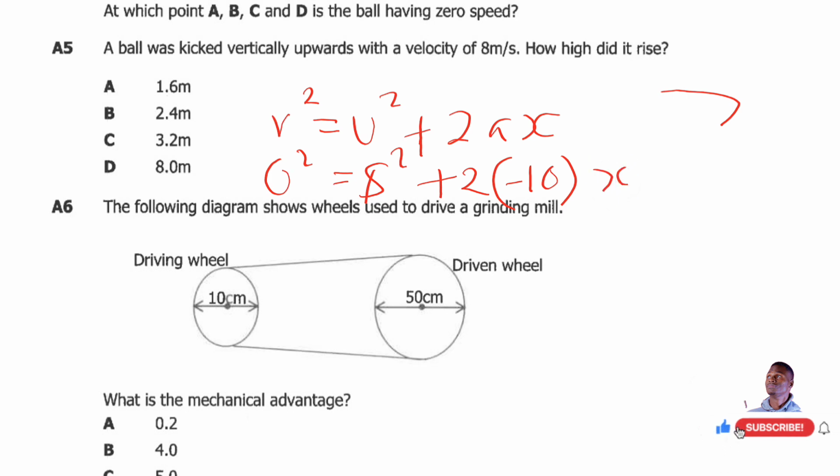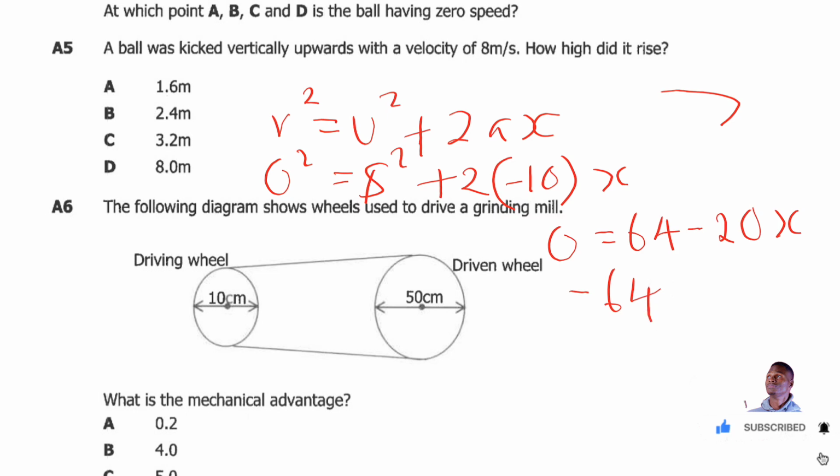Okay, 0 squared is going to give us 0. 8 squared is 64. 2 times negative 10 is negative 20x. Then the 64 crosses the equals sign, it becomes negative 64, equals negative 20x.